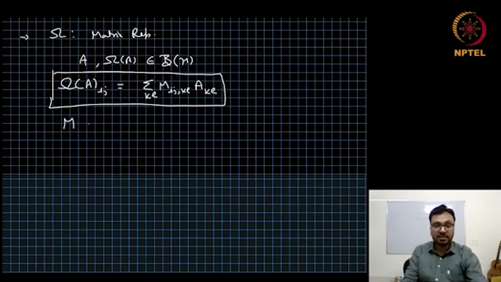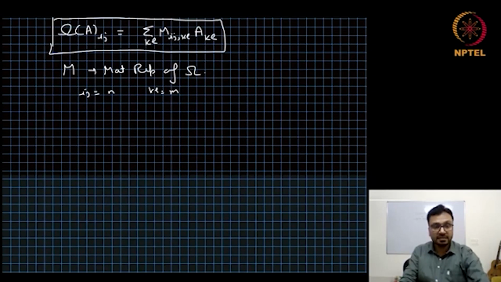So M will be the matrix representation of omega. We are using a double index, so if we identify ij with small n and kl with small m, then we can say that omega of A, n, is M_nm A of m, sum over m.